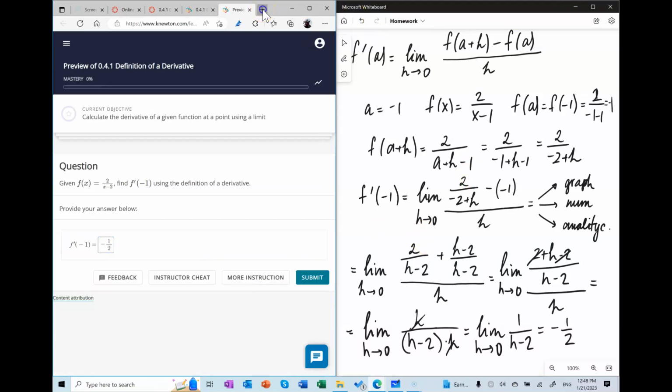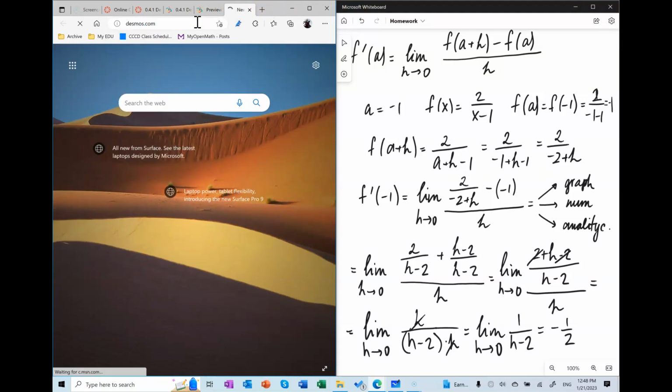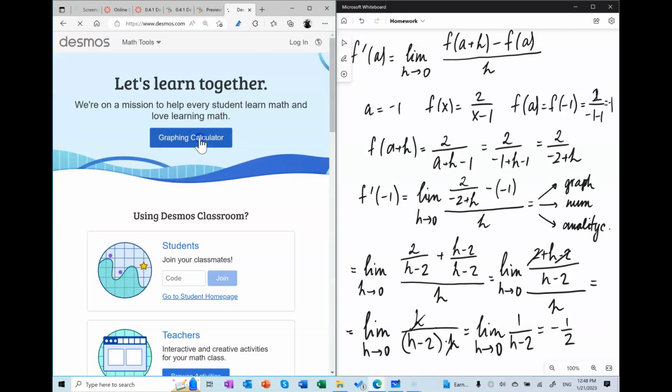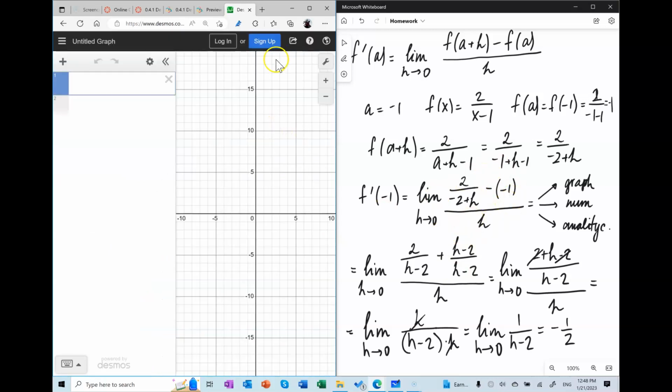Now, how do we check our work? Let's go to Desmos and open the graphing calculator. All I'm going to do is graph this function. Instead of h, I'm going to use x. So I'm going to write 2 divided by negative 2 plus x, minus 1, and all of this divided by x, which is h.